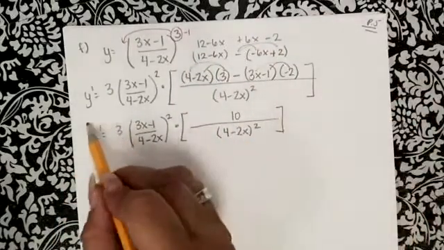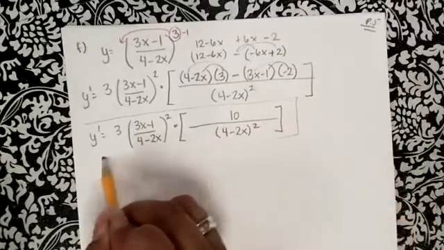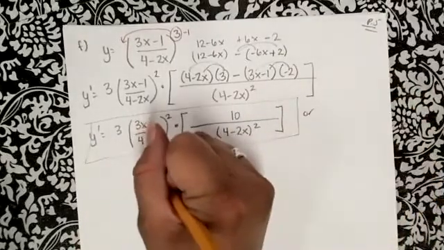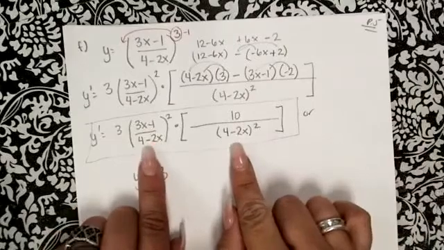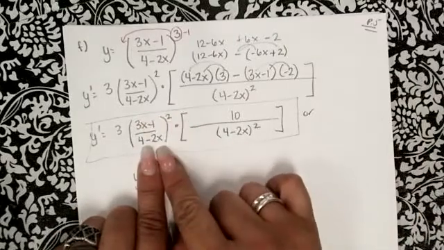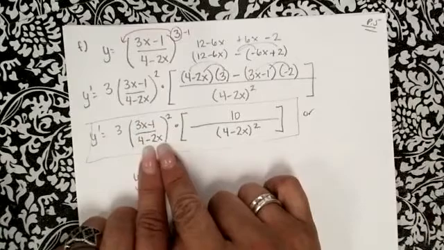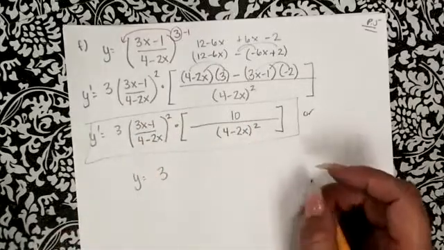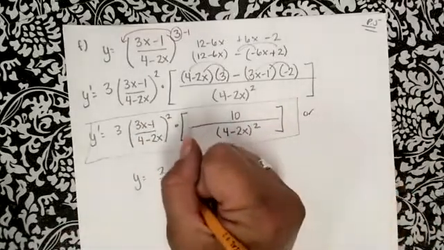Now this answer may show up. Or, do you see how both of these are 4 minus 2x's? Well, that square belongs in the numerator and the denominator. So if the denominator is squared and that squared, you now have 4 on the bottom.